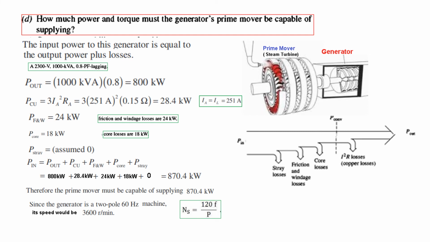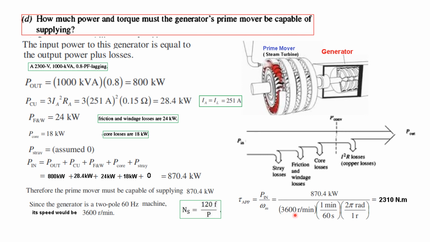Since the generator is a 2-pole, 60 Hertz machine, its speed would be 3600 if we follow this formula: 120 multiplied by 60 divided by 2, so it will be 3600 revolutions per minute. And to calculate torque, we will need this value. We know the formula that the torque applied is P_in divided by the rotational frequency in radians per second.